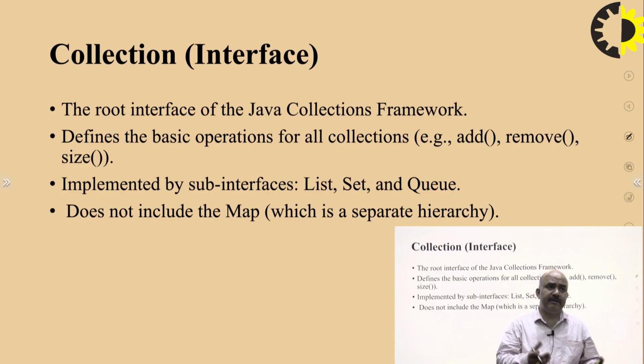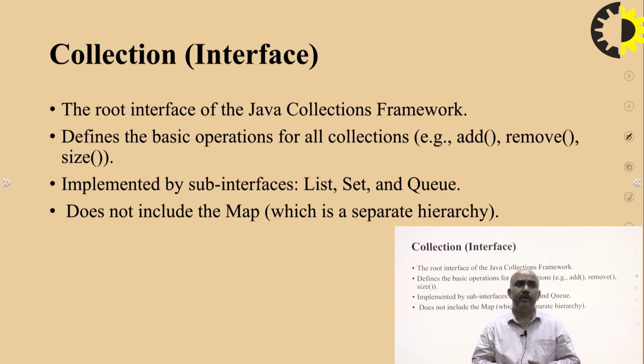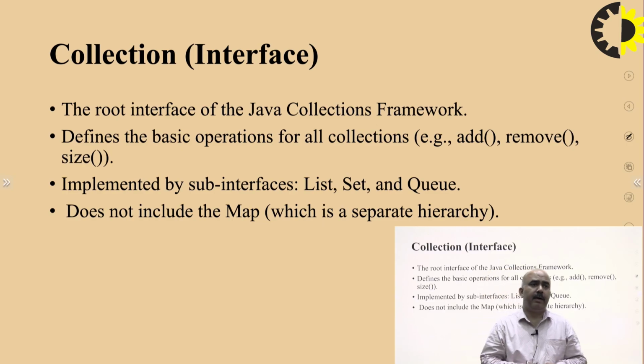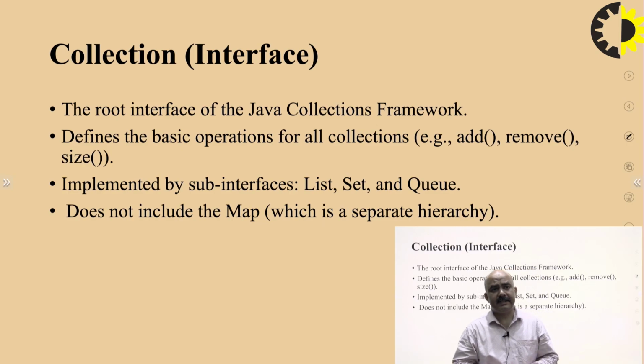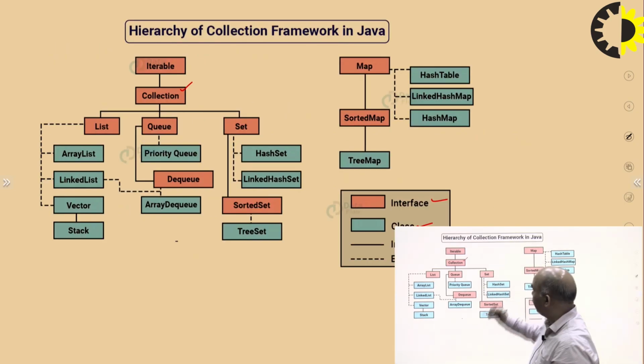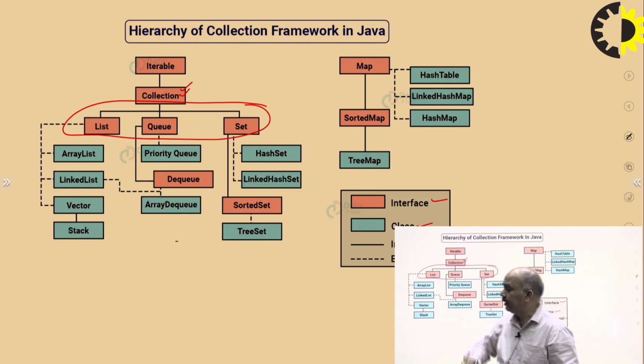In this, we have the basic operations that we can perform: add, remove, size, what is the size, and so on, which further can be implemented by the sub interfaces like list, set, queue. So here we have the collection as the root, which is further implemented by list, set, queue.